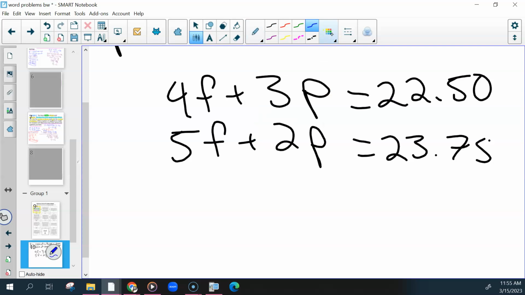So to make these the same, what could I multiply the top by? 2. And what would I multiply the bottom by? 3.